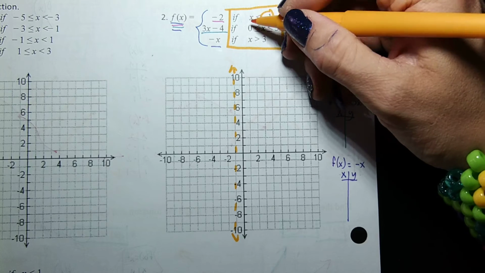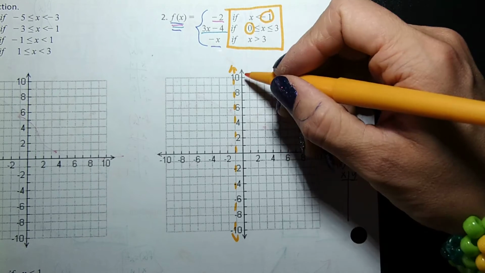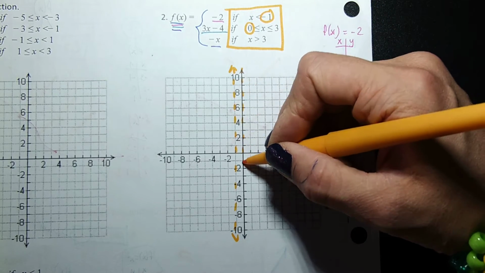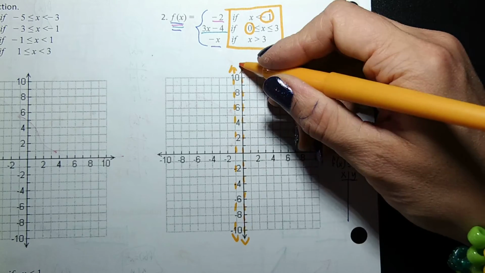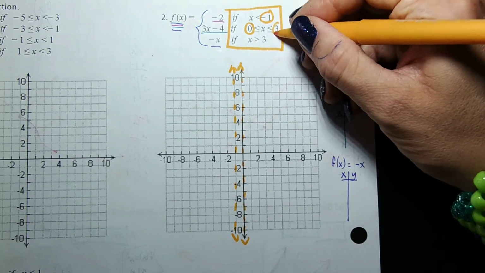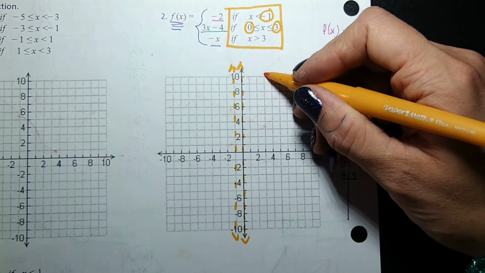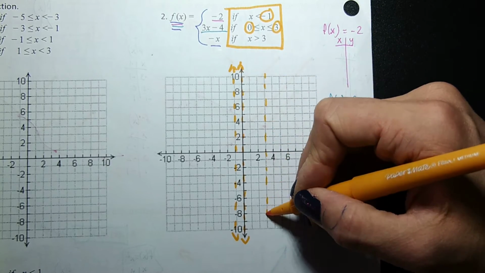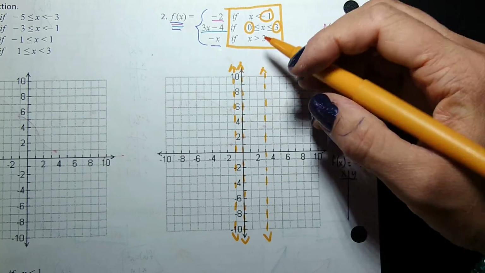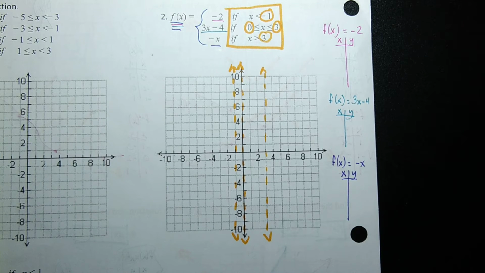We're going to have another bound line at 0. So I'm just taking the values out of those inequalities. Another bound line at 3, and same value at 3 as well.